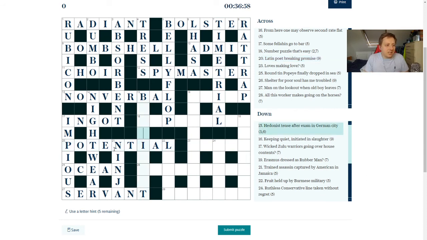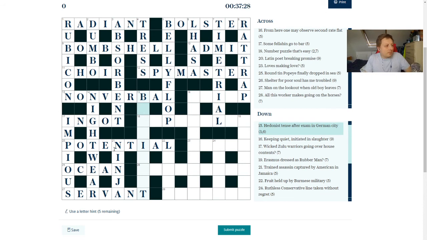15 down. Hedonist tense after exam in German city. 3 letters, 6 letters. I want the German city to be Berlin or Bremen, but it's neither of those. Good work, Lightning. You'll learn.